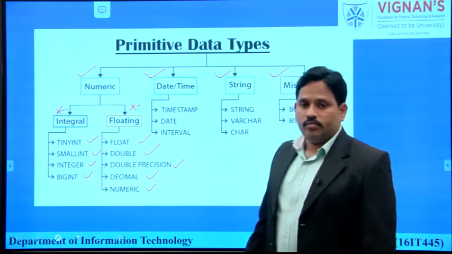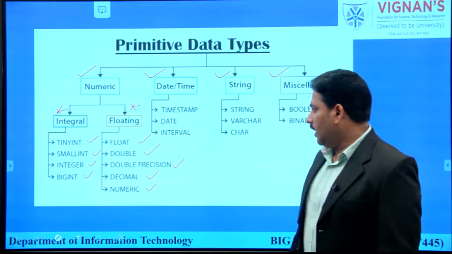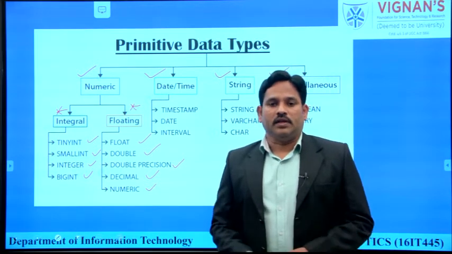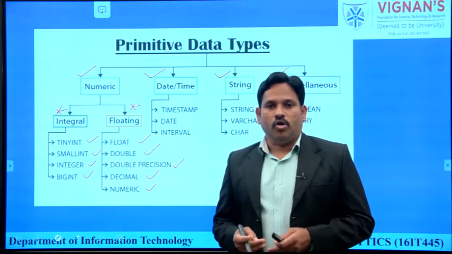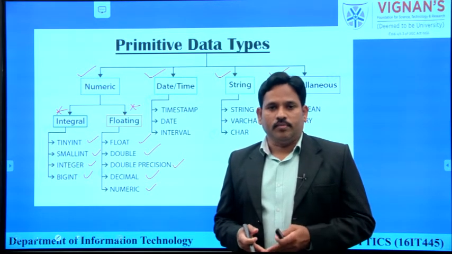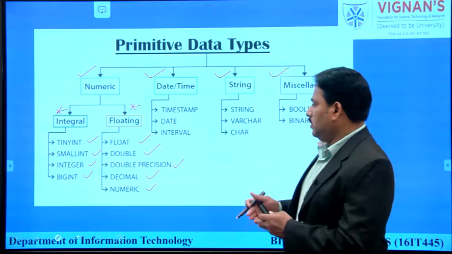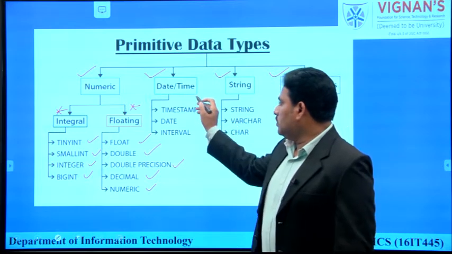The second type of data type under the primitive category is date and time. In order to store date and time related values like the login time of an employee, employee date of birth, employee joining information, or invoice time and date of generation, we can take the help of this data type.